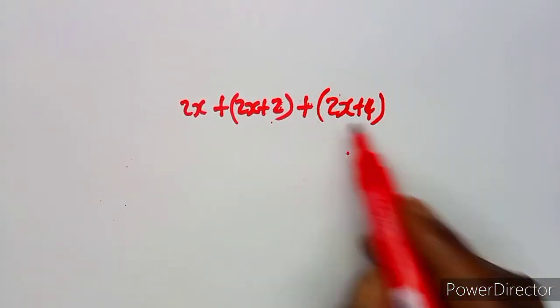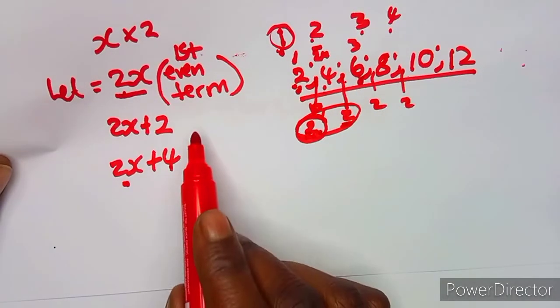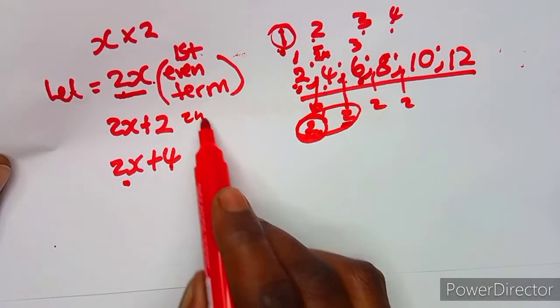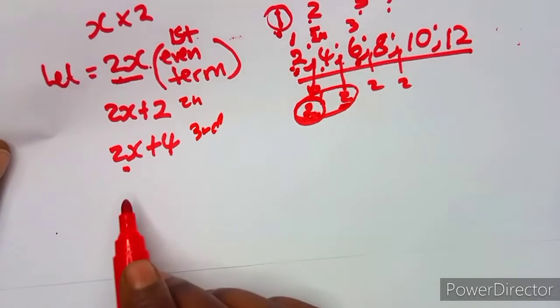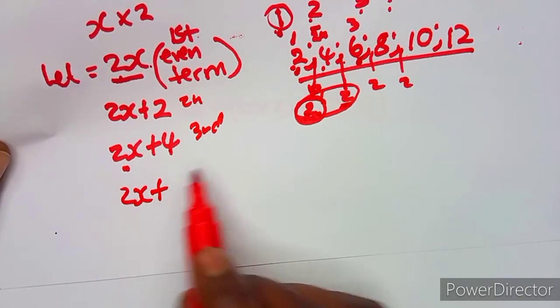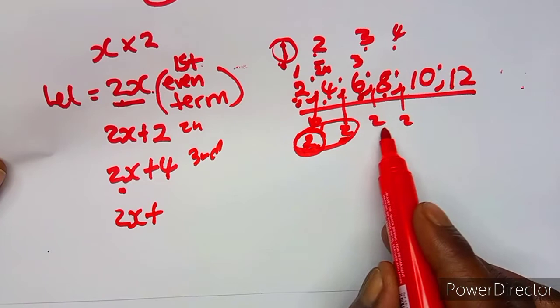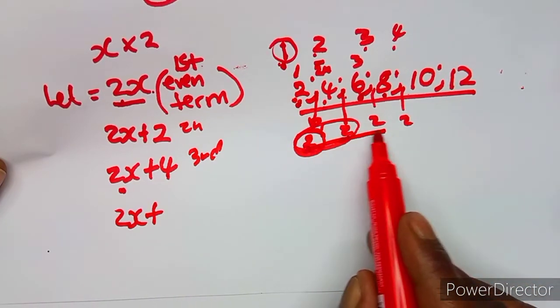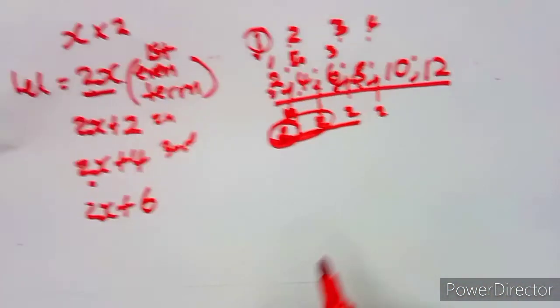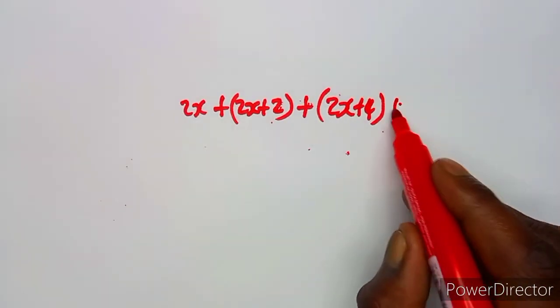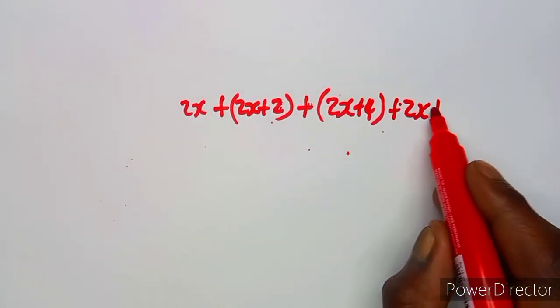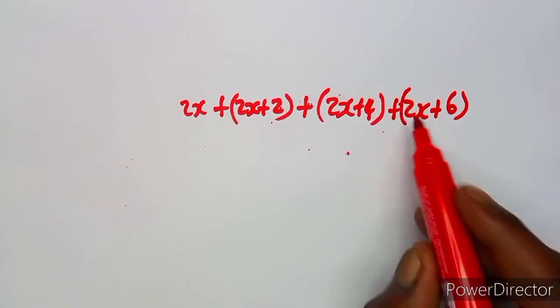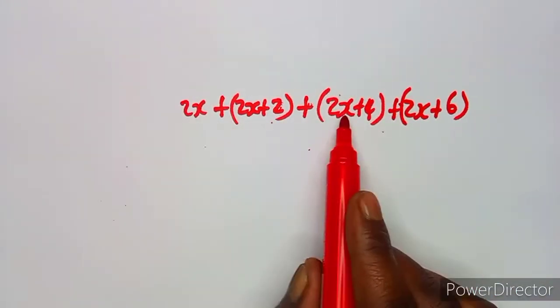Take note on this one. Then we are now having the first, the second, the third. So we need the fourth term. So it's going to be 2x plus the fourth term is going to be having a difference of 2 plus 2 plus 2, which is 6. So it's going to be 2x plus 6. So these are the terms, guys, that we added together. 1, 2, 3, 4.